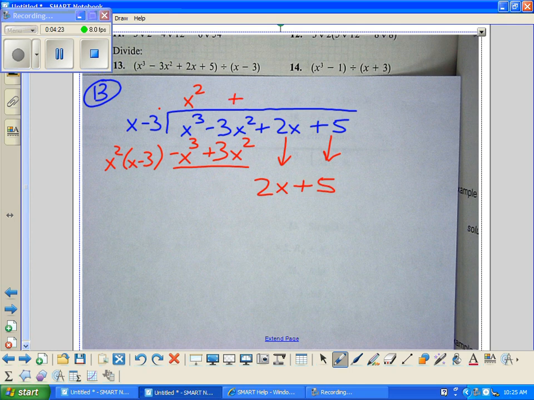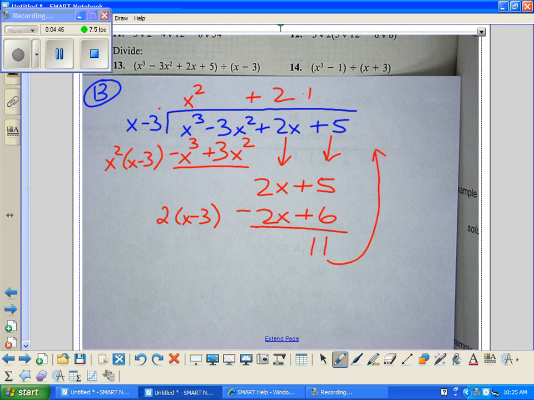Well, how about plus 2? And I suppose that could be shifted a little bit further over. So it's 2 times x minus 3, and I'm given 2x minus 6. All right, again, we have to subtract, but we don't subtract. We change the signs and add, and I'm left with 11. That becomes my remainder, plus 11 over x minus 3.